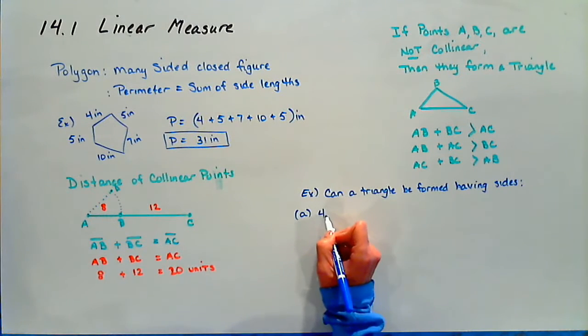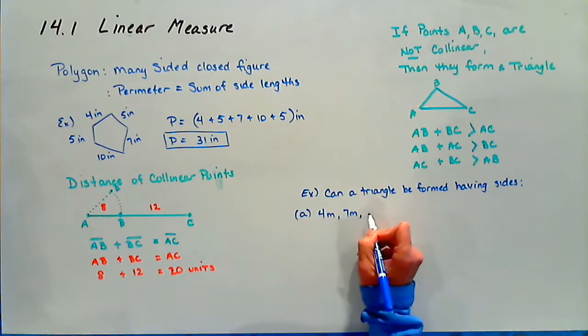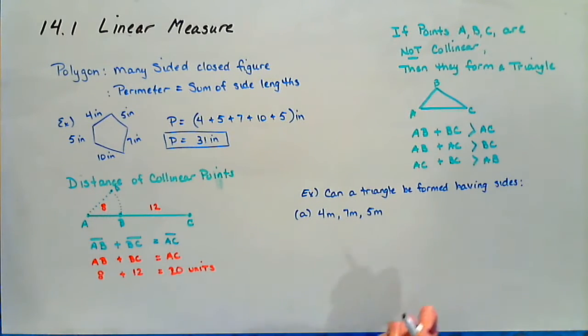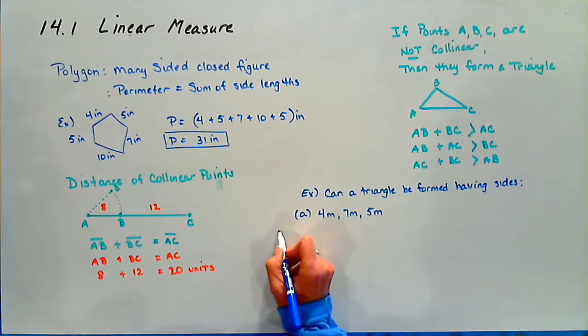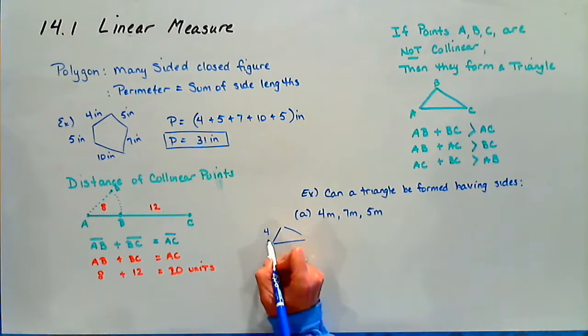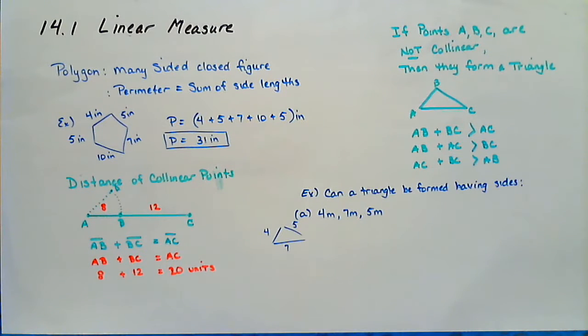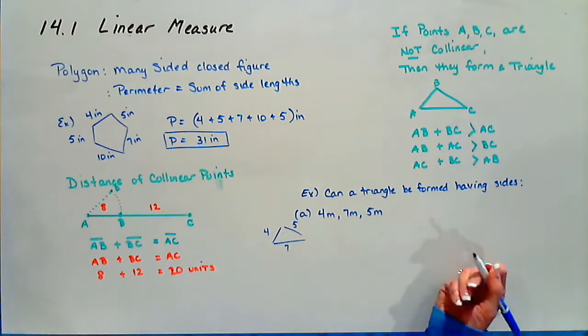How about 4 meters, 7 meters, 5 meters? Well, let's check it out. Now, if you're visual, and I'm not going to connect these on purpose, if this is 4, this is 5, and this is 7, could those form a triangle? Let's find out. We would have to check all three conditions.